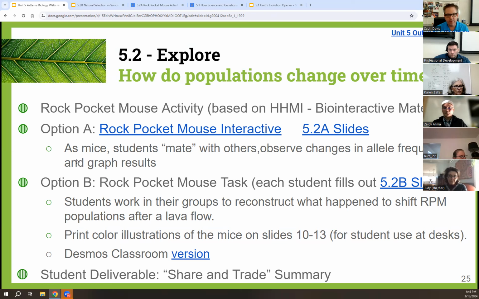The goal is to try to create this perfect paragraph. It's not necessarily a CER, but it's similar in the sense that they're coming up with a claim and using evidence from their graphs. So that's what they mean by share and trade summary. You're writing down your best guess, best summary, and sharing it with a partner and getting information from them. So yeah.